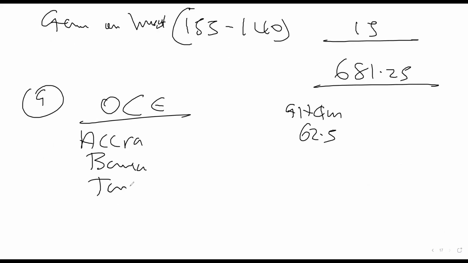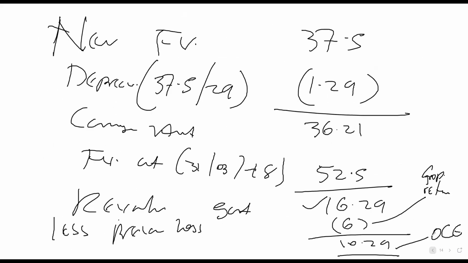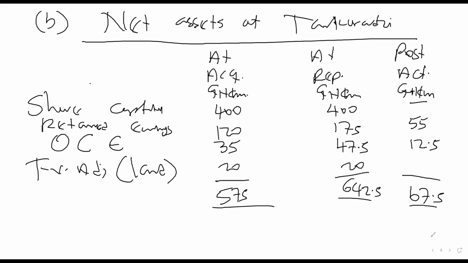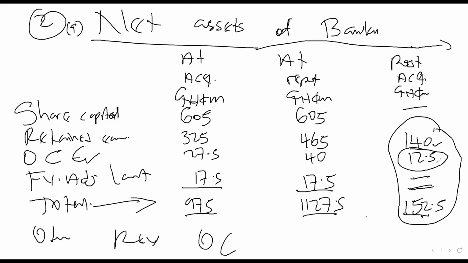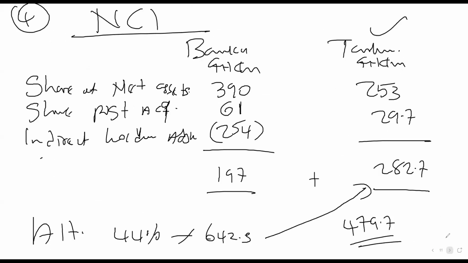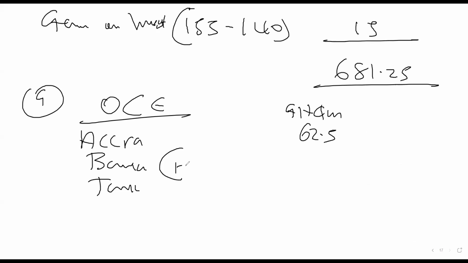Right here, the Bokun own, go and take this. Go to the net asset. 12.5 times 60% is what you get. 7.5. Come again. 7.5. Then 0.56 times 12.5.